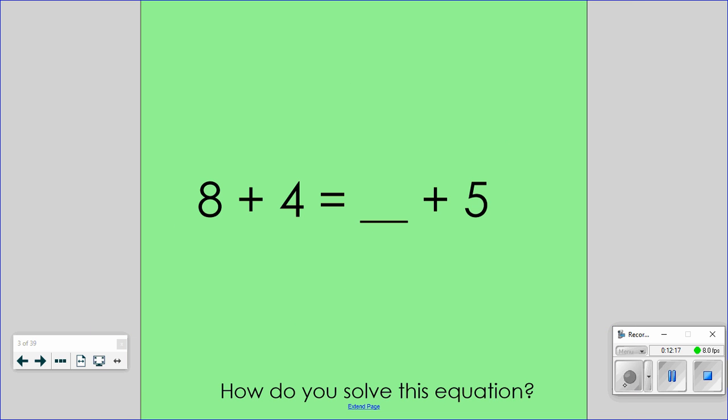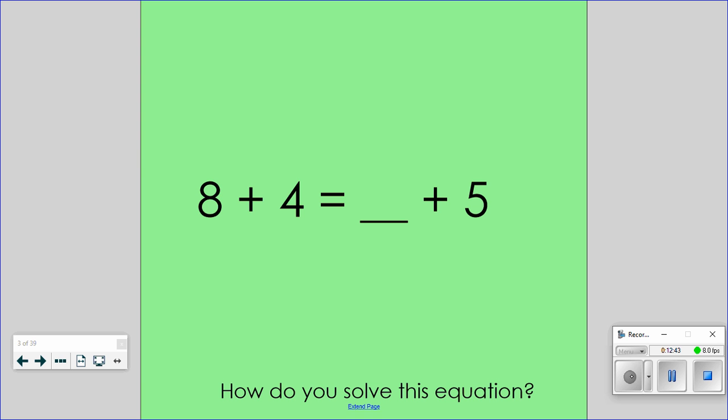All right, so I want you to write this equation down. Underneath your notes, it says 8 plus 4 equals blank plus 5. I'm not going to say. I want you to think about how you might solve this problem.